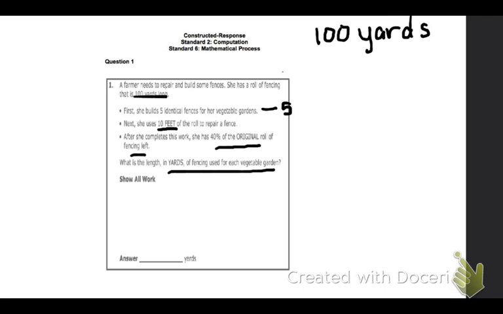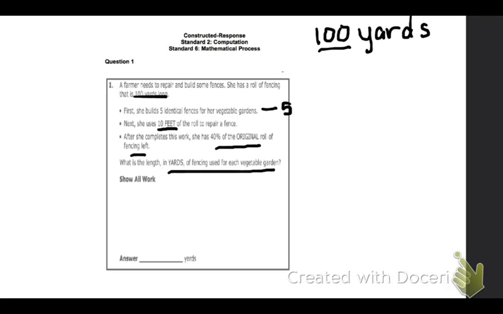I think what I'd like to do first is figure out how much she used. Okay, and again, there's sometimes different ways to do these types of problems, and it's a mathematical process problem with computation. So you're just kind of working your way through that.